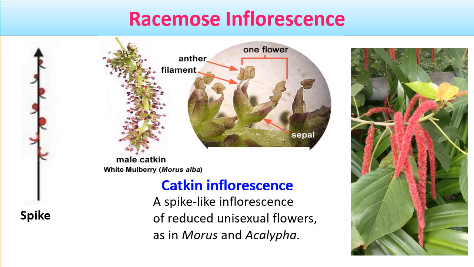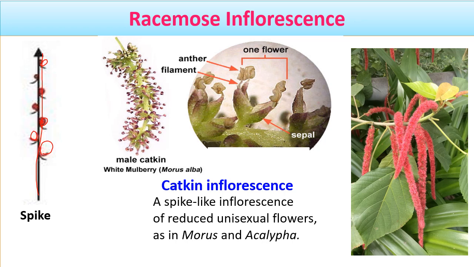Another type of inflorescence under racemose is the spike. Here you can see the axis of inflorescence, called the peduncle, and here you can see the oldest flower, younger than that, and the youngest flower.